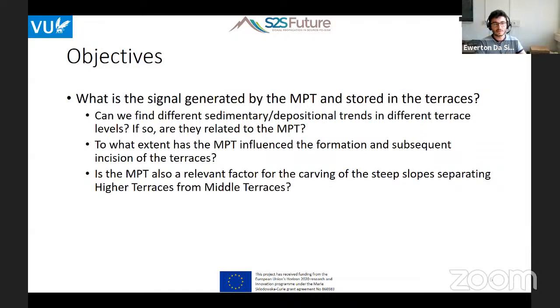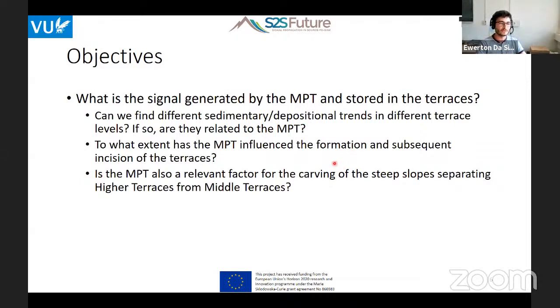Could it be a difference, for example, in the grain size distribution, in the thickness of the terraces? How can we find different sedimentary and depositional trends in different terrace levels? And if this is the case, can we find these trends according to the terraces that have been formed before the mid-Pleistocene transition? And can we find differences in the terraces that have been formed after the mid-Pleistocene transition?